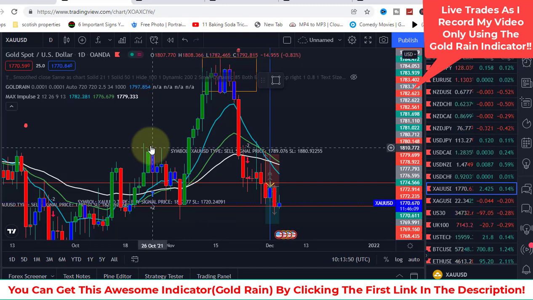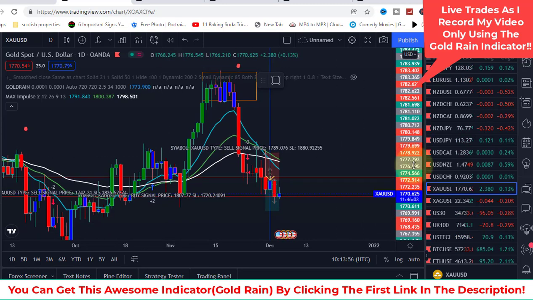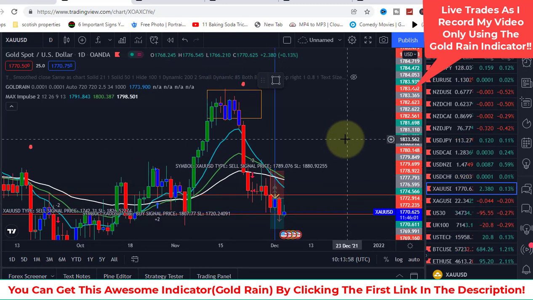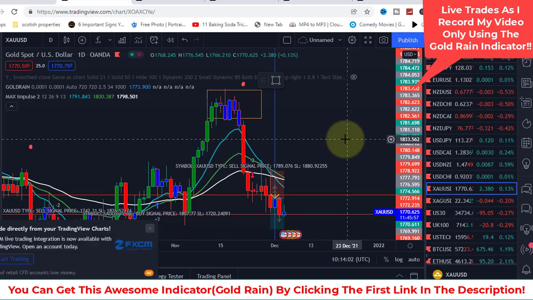Again, by the way, this indicator is a price action based indicator, so I don't know how you're gonna get it, but it's gonna give you the momentum and the buy sell signal right where the price action tells it to.